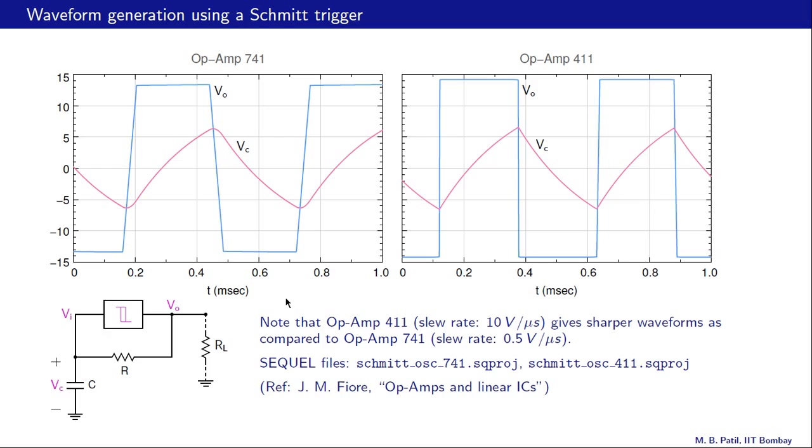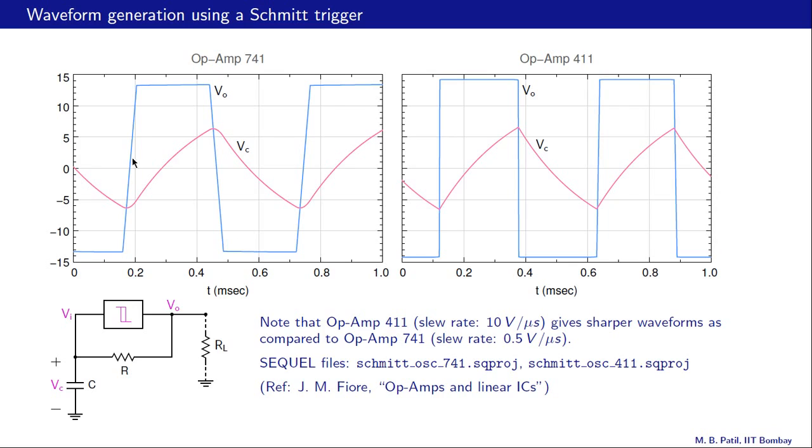If you hook up this circuit in the lab, you will realize that it cannot be pushed to arbitrarily high frequencies, and that is because op amps have a finite slew rate. For example, op amp 741 has a slew rate of 0.5 volts per microsecond. This is the waveform obtained with op amp 741, and as we can see, it is not as sharp as we would expect theoretically.